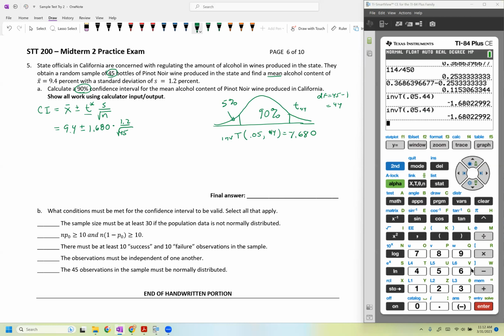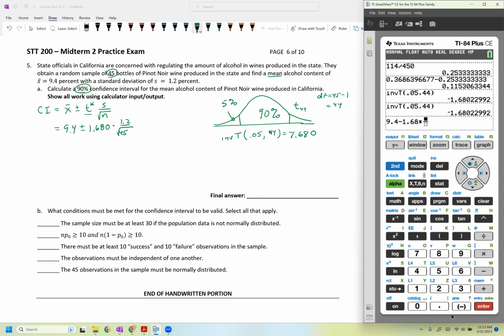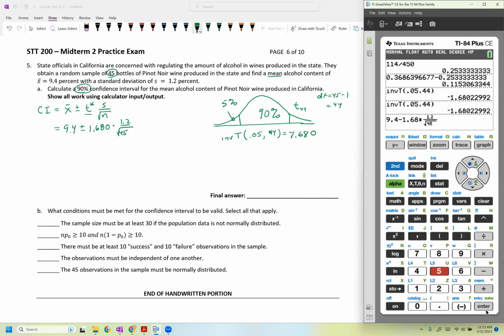All right, let's get this into our calculator. 9.4 minus 1.68 times, and let's go ahead and do a fraction of 1.2 divided by the square root of 45.